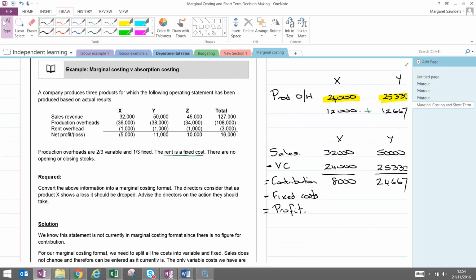So if we look at the original statement, our overheads were apportioned across our products. That's because the original statement was in an absorption costing format, and in absorption costing we do apportion overheads and then we have to work out an overhead absorption rate and we absorb our overheads. In marginal costing we do not do that.